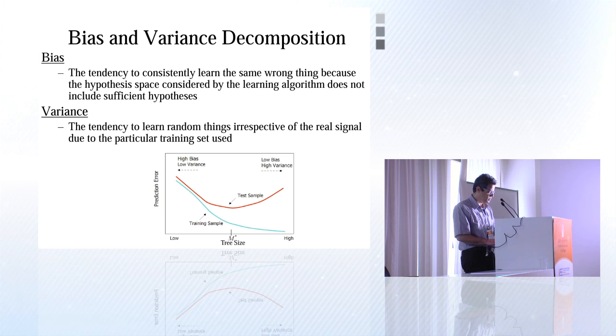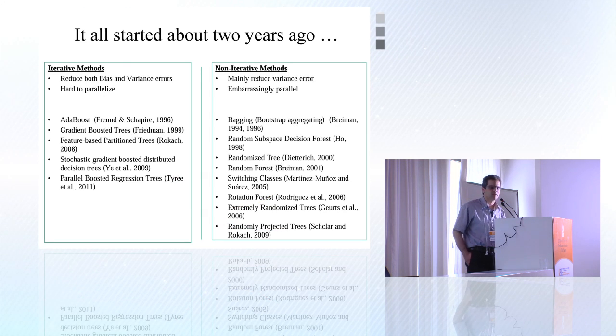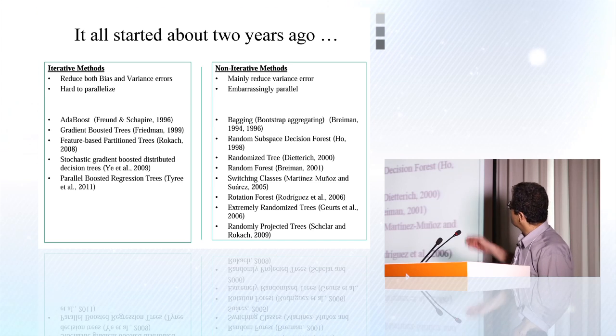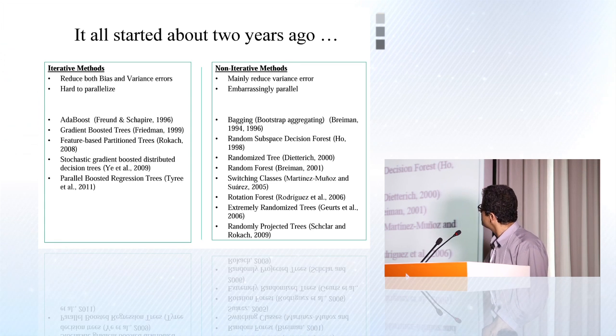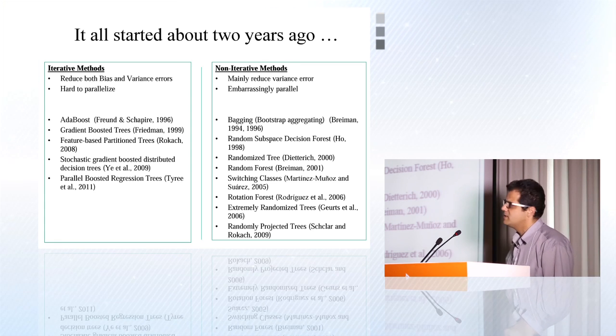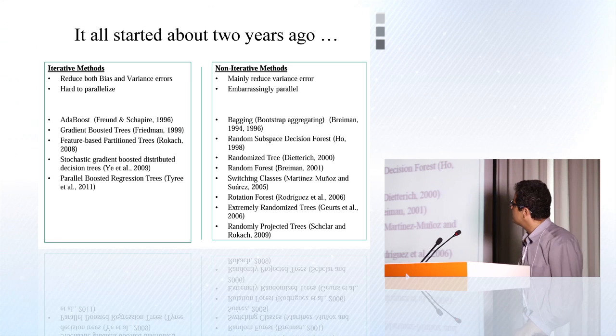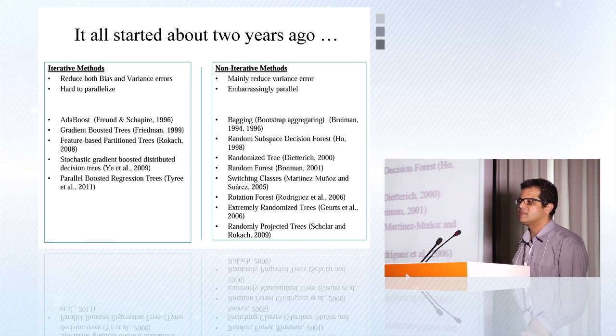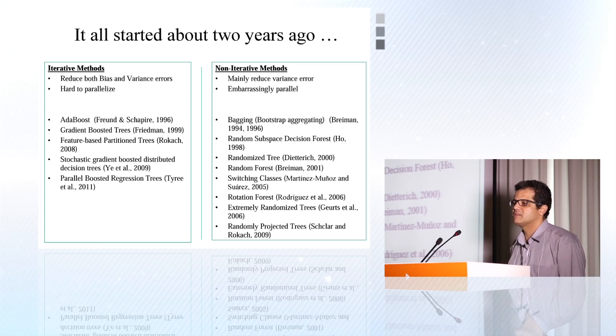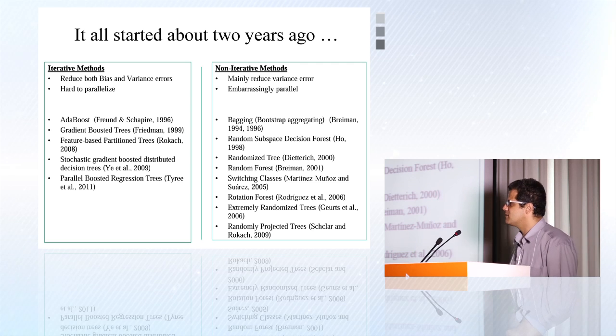And what we usually do with the decision forest is try to reduce at least one of these components. If we look at the left side, the iterative methods that include adaptive boosting or gradient boosted trees try to reduce both the bias and the variance components. But the main disadvantage of this kind of algorithm is that they are very hard to distribute in a Hadoop cluster and things like that.